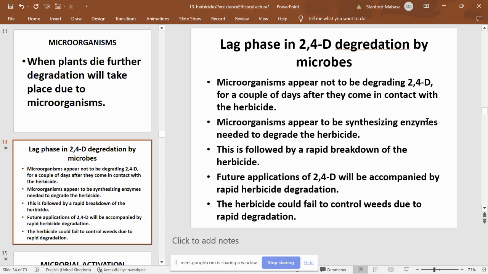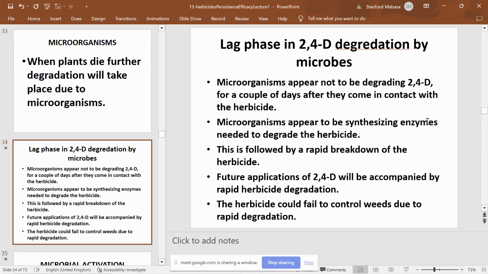Now, microbes may not have the enzymes to degrade 2,4-D. So if you apply 2,4-D to the soil, the microorganisms in the soil appear not to be degrading 2,4-D for a couple of days or even months after they come into contact with the herbicide.